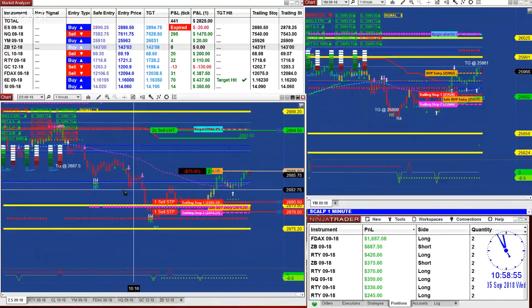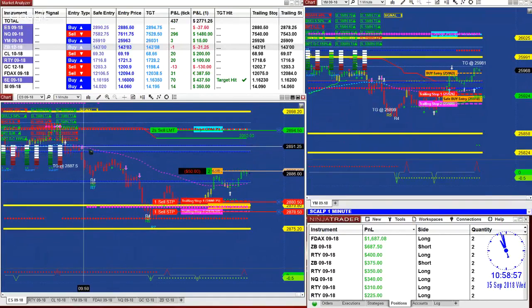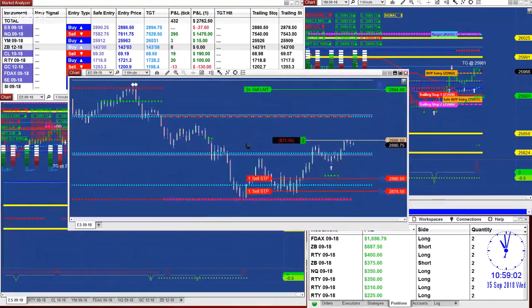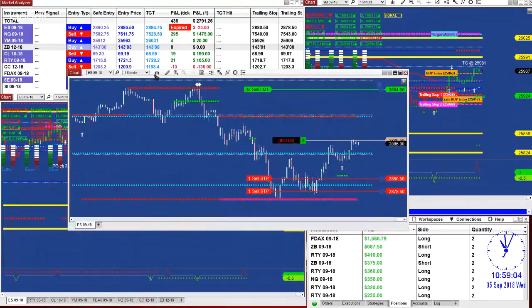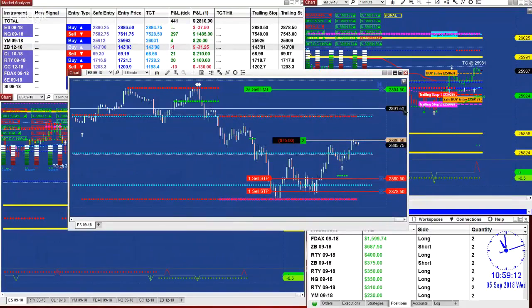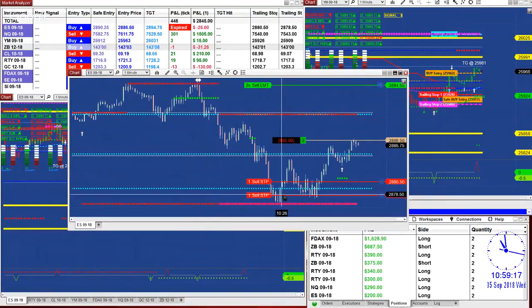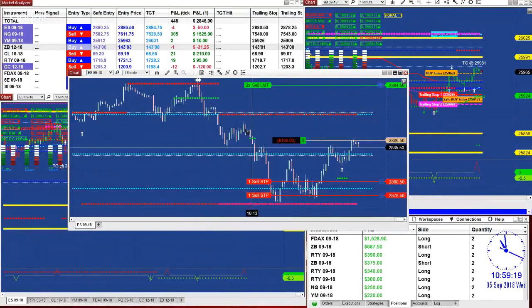Nobody knows. But we had a good run on the ES, and we have caught this good run, whether you are swing trading or on the price action. For an ES, this is a very nice run, okay?